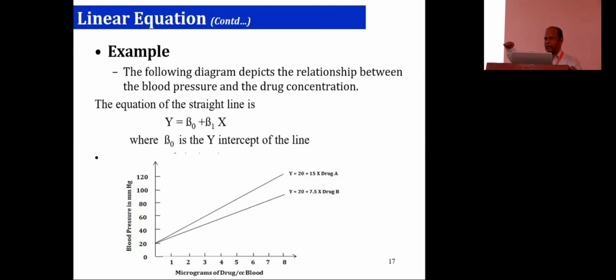As you add the drug, it increases as you increase your dose. Because the dose is different, but either drug A or drug B, if I remove the drug, they all come back to the normal blood pressure of 20. Is that okay? So that is the significance of the constant term in regression analysis.